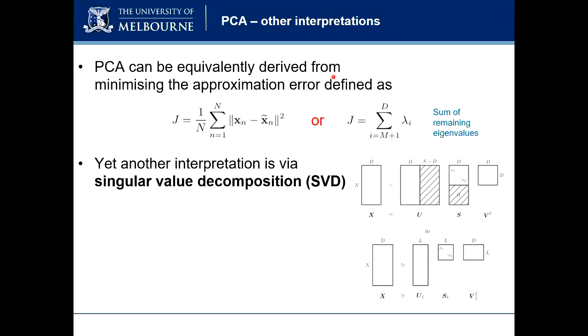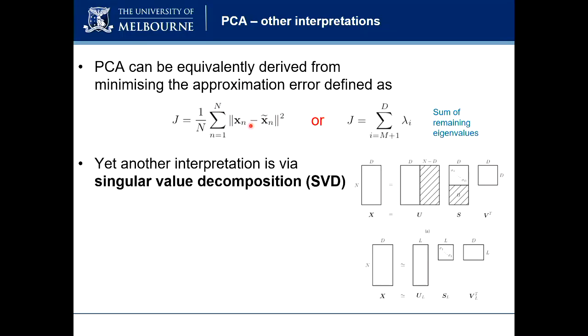Because PCA is something very fundamental, you can interpret it in multiple ways. You can start with an equivalent formulation, with this cost function: the mean squared distance between the approximated x_n, the mapped one, and the original one.